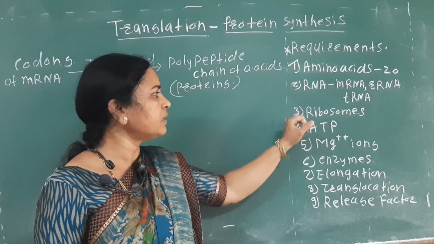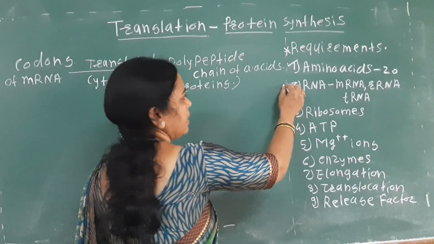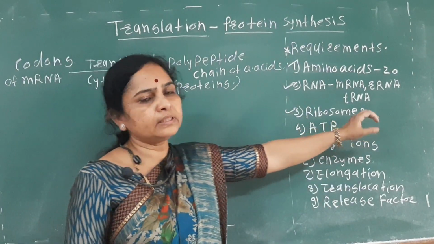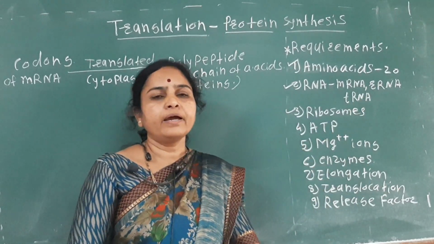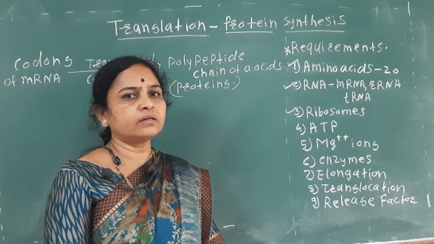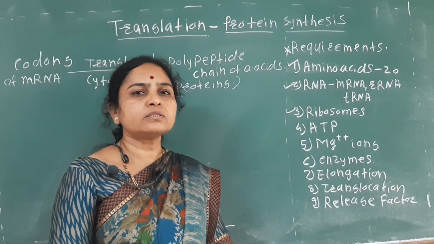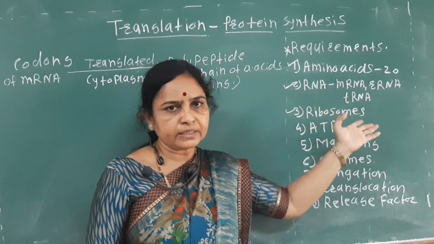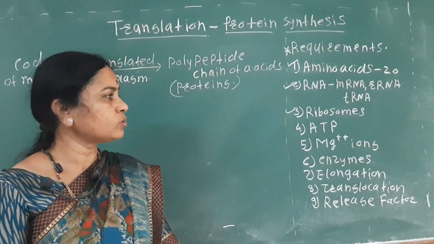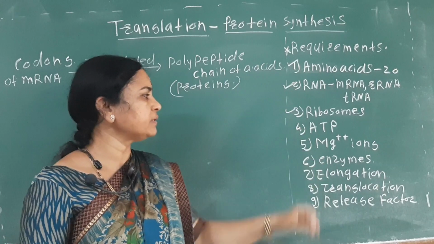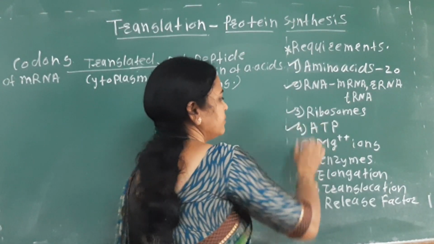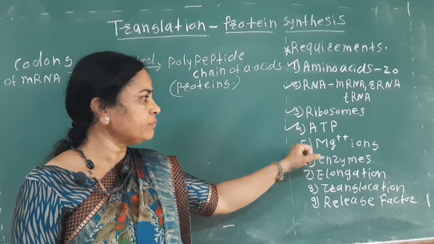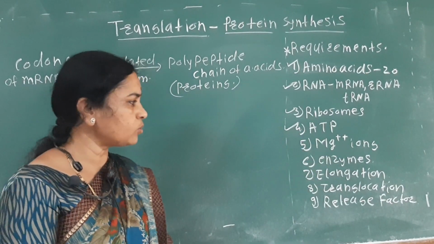Then third, the ribosomes. Ribosomes are present in eukaryotic cells and prokaryotic cells. In the prokaryotic cell there is the 70S type of ribosome, while in the eukaryotic cell the 80S type of ribosome is required. Then ATP, the energy required for bond formation. Then magnesium ions are also required.